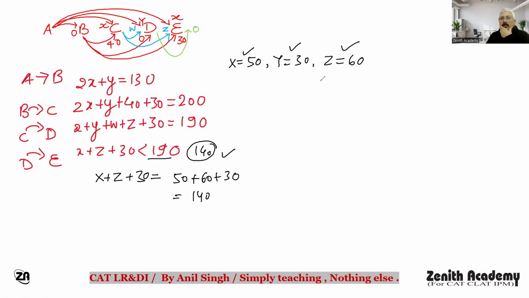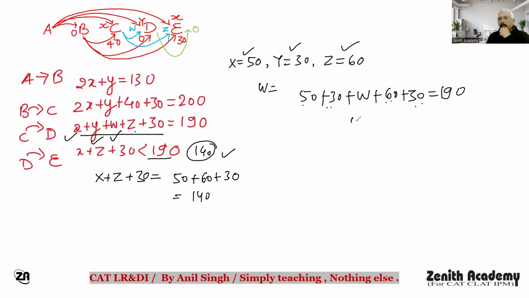अब x plus y plus w plus z, सो w कैसे निकलेगा, यहां से इस इक्वेशन से x is 50, y is 30, w to be found out, and z is 60 plus 30 is equal to 190। तो 50, 30, 30, 80, 110, 170, w plus 170 is 190, it means w is equal to 20.